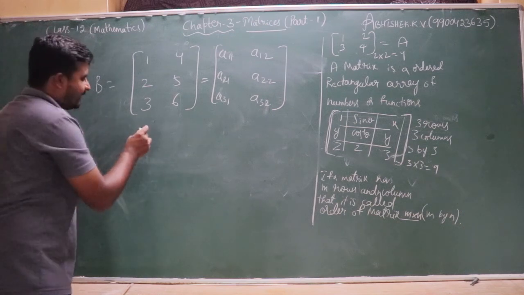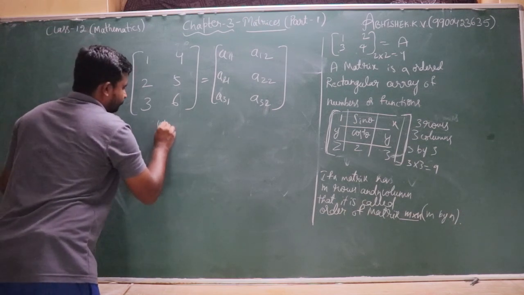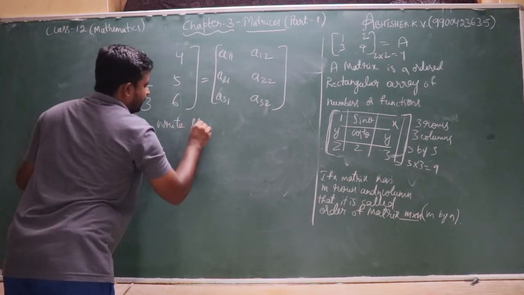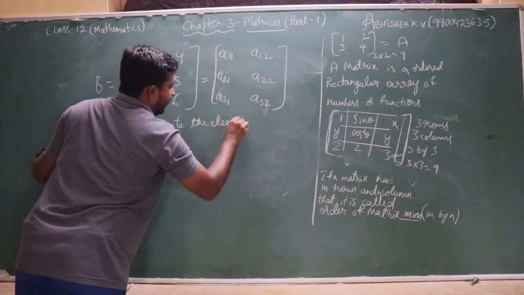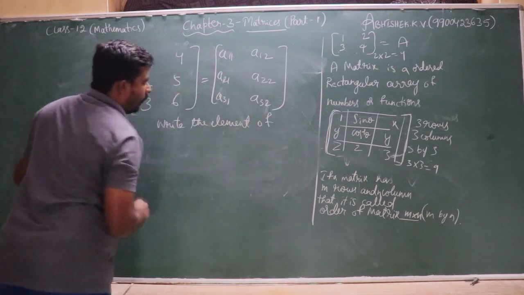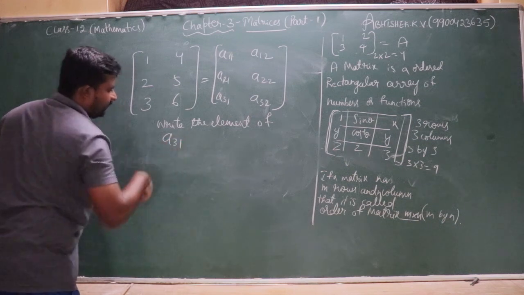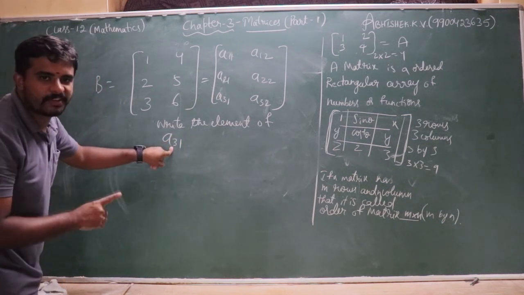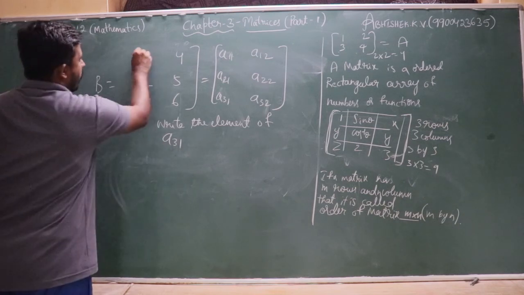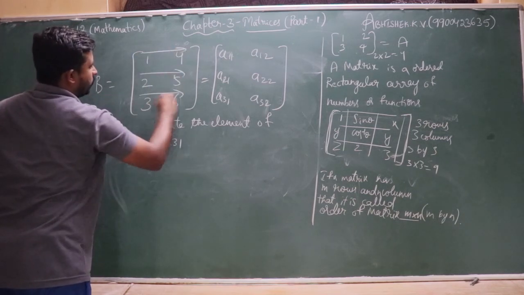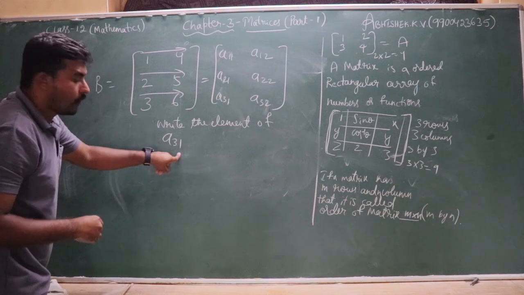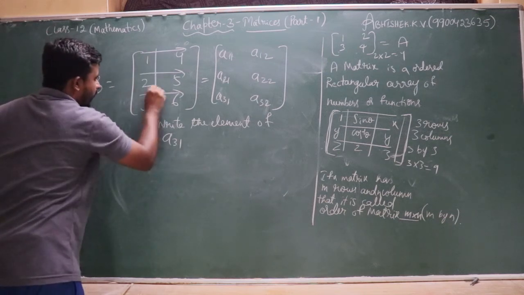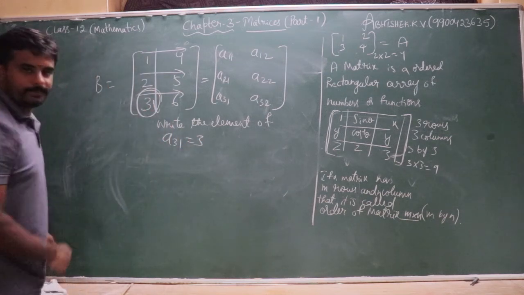Therefore, if the examiner asks to write the element of A31, I already told you the first suffix represents the row: third row, first column is 3.